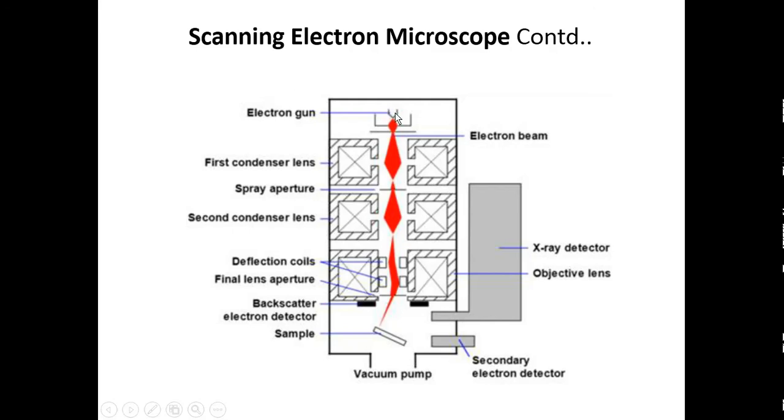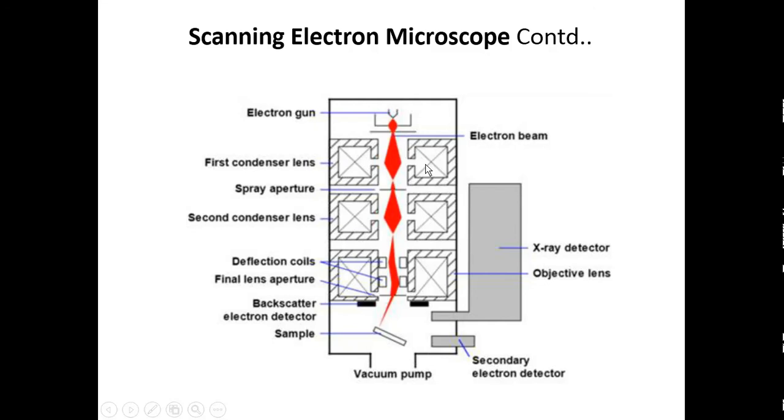Here this is the electron gun, and this electron gun produces the electron beam, and that beam is sometimes flashed. In order to make the beam very narrow through this aperture, the spray aperture, we have the first condenser lens, very similar to the lens we use in the case of an optical microscope.